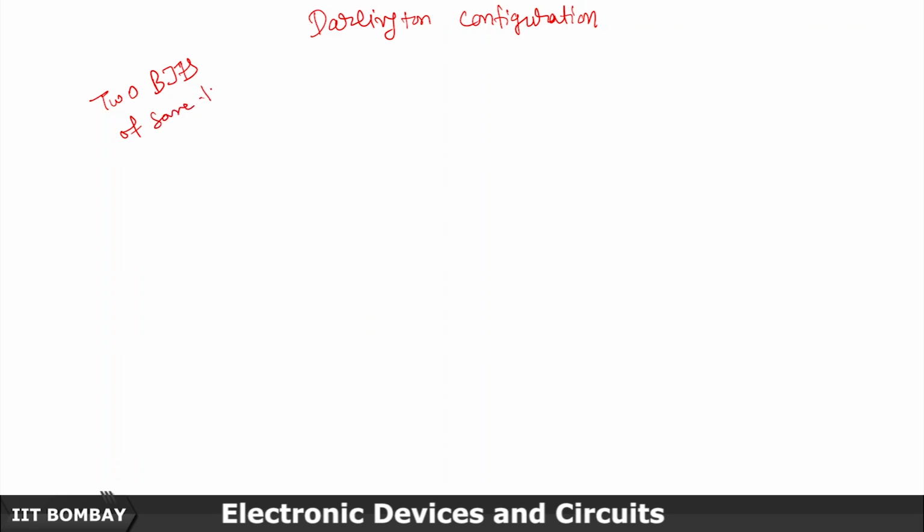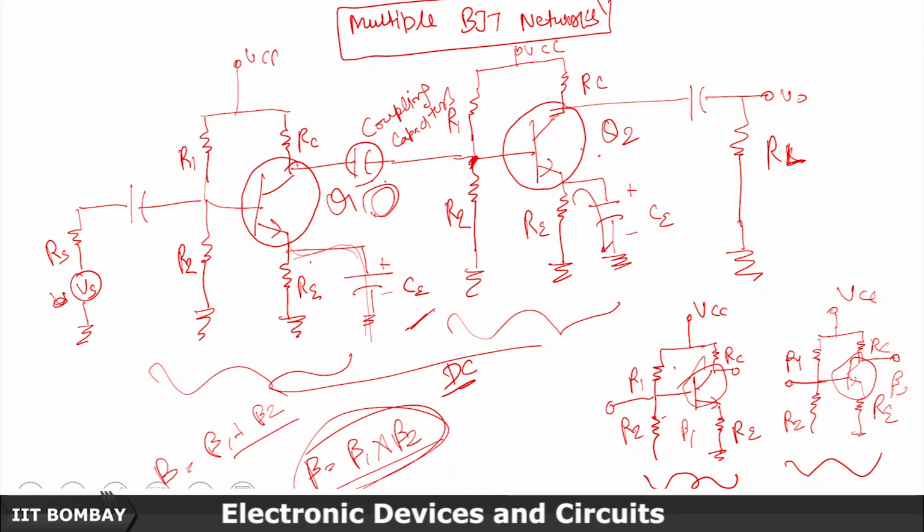By same type I mean NPN, NPN or PNP, PNP. The output of one transistor directly feeds into the input of the other. Let me just draw it quickly.